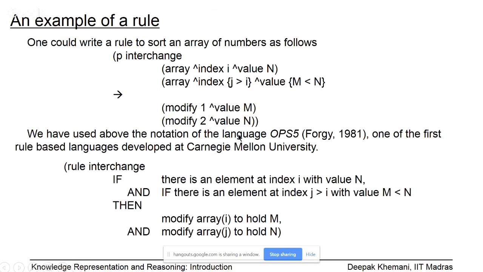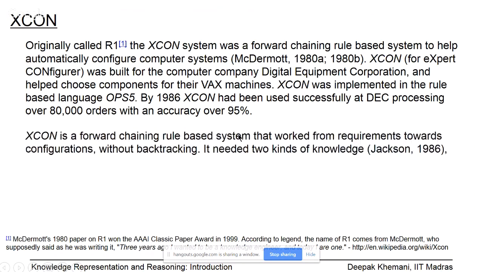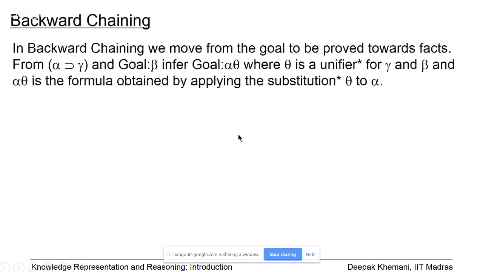And we had discussed some systems which were used in forward chaining. So as I said, the difference between forward chaining and backward chaining is that in backward chaining we move from the goal that has to be proved towards a fact. That is, if you are given a statement of the kind alpha implies gamma and a goal beta, then we infer a goal alpha theta, where theta is a unifier for gamma and beta.